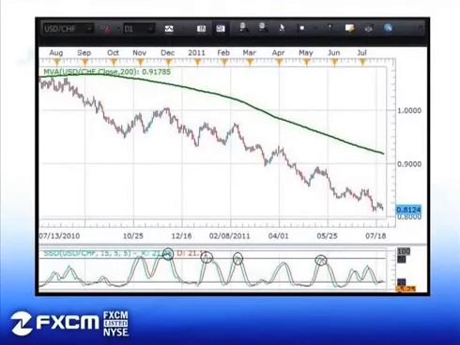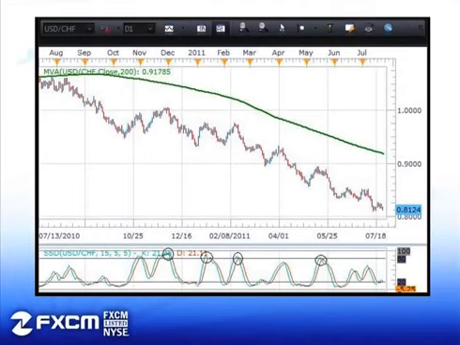Now, slow stochastics and oscillators, what they do is they measure kind of momentum. Bullish momentum, momentum to the upside, bearish momentum, momentum to the downside. So slow stochastics in this case is comprised of two lines, the K line and the D line. They're both moving averages. The K line, the green one on this chart, is the faster of the two moving averages.